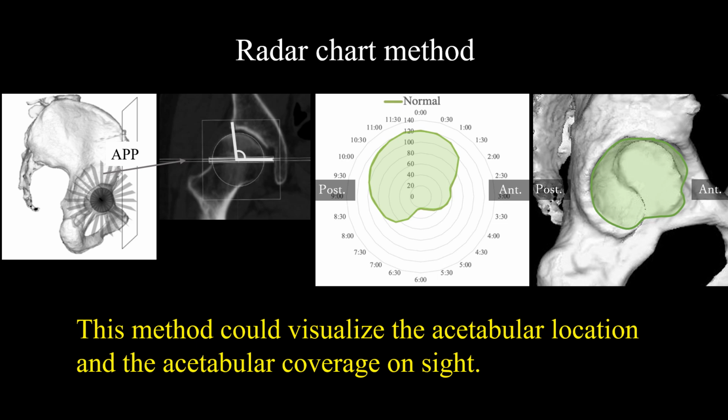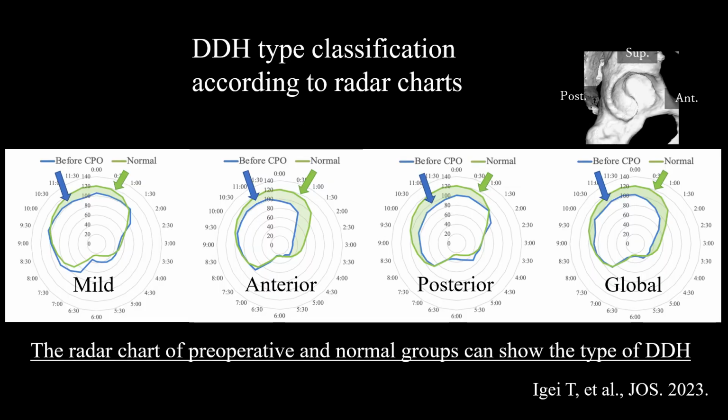This method could visualize the acetabular location and the acetabular coverage on site. DDH type classification according to radar charts is shown in this slide. The radar chart of preoperative and normal groups can show the type of DDH: mild, anterior, posterior, global type.